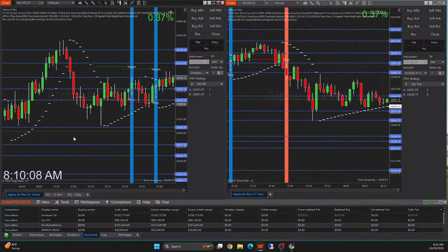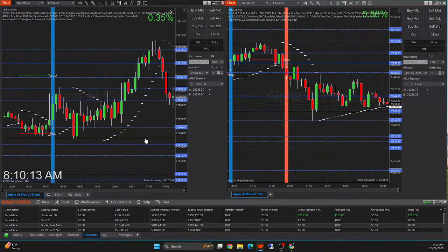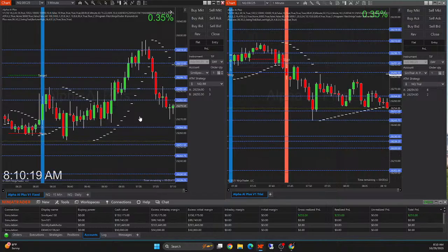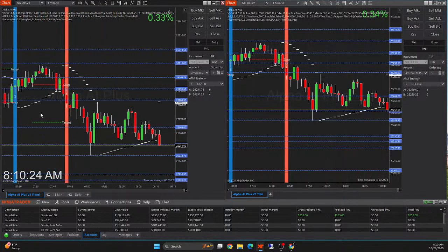So we have also 635. This one didn't hit the target, it hit a stop, and then we have 2 winners. So today, 2 winners, 1 loser.